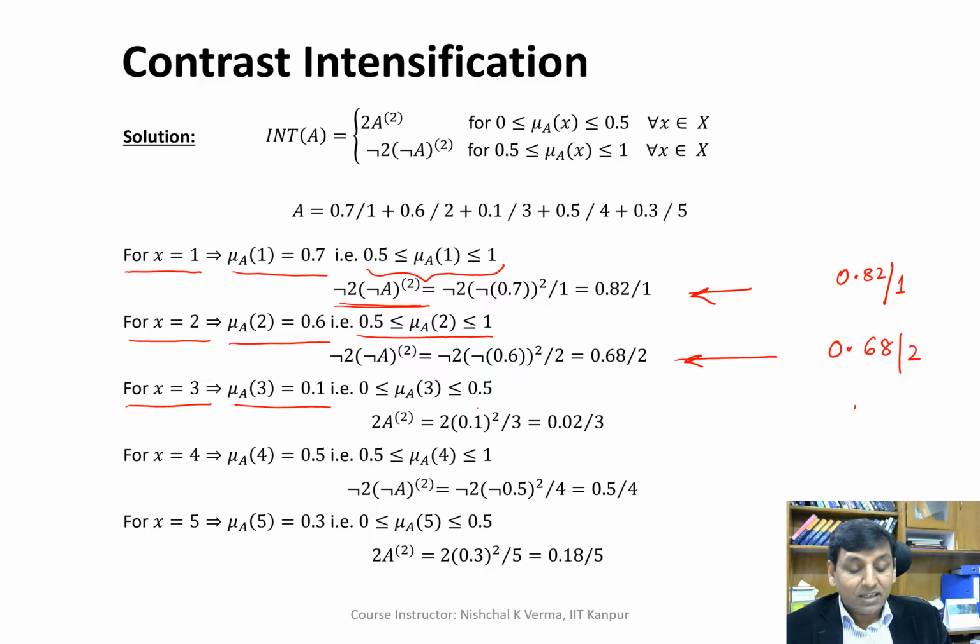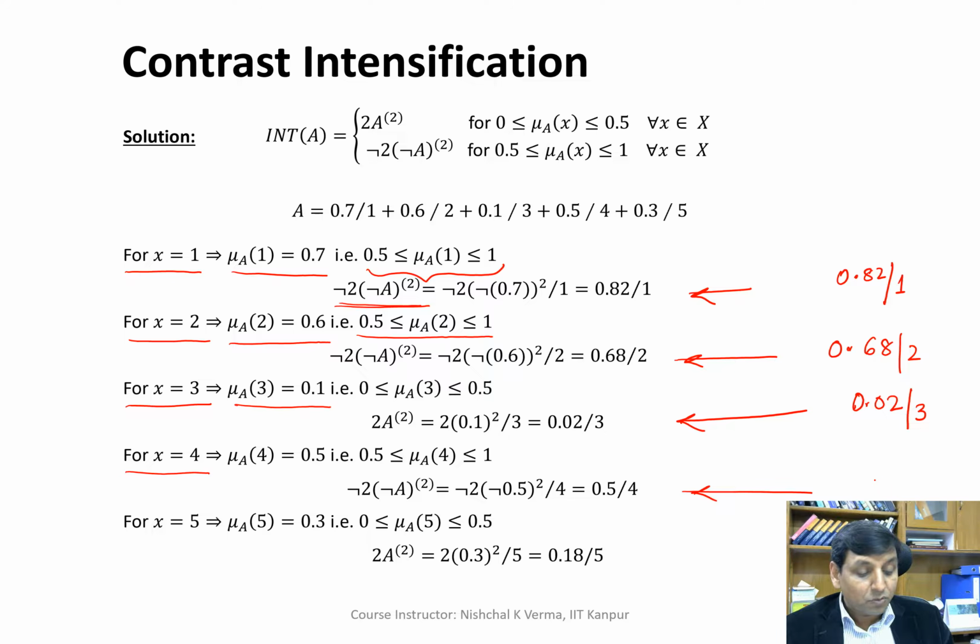The contrast intensification here will be 2A raised to the power 2, that is 2 into 0.1 raised to the power 2, means the new value that comes out to be here is 0.02 for 3.